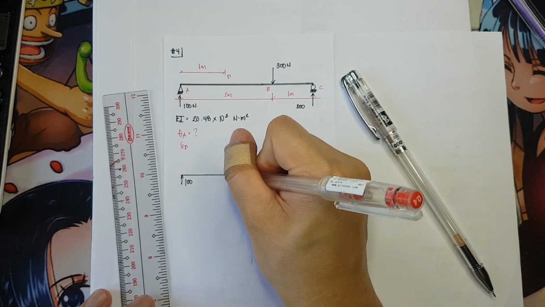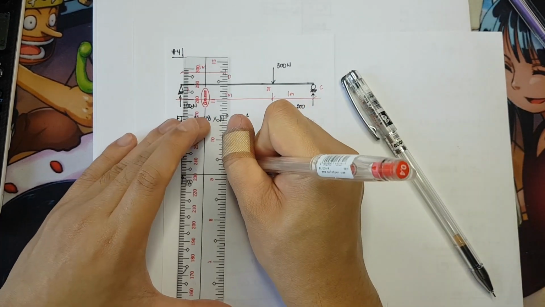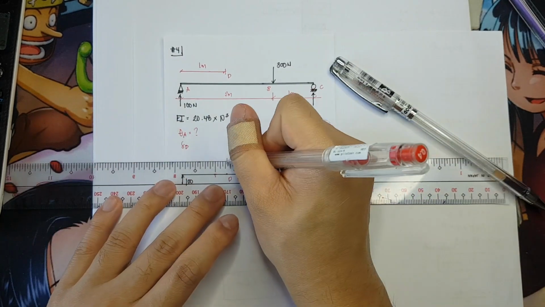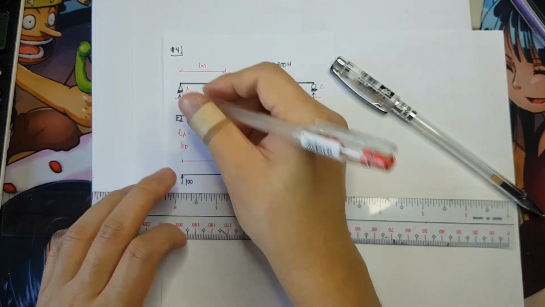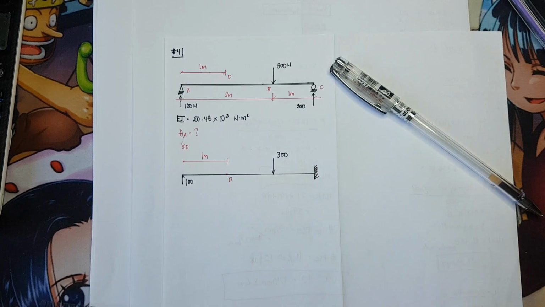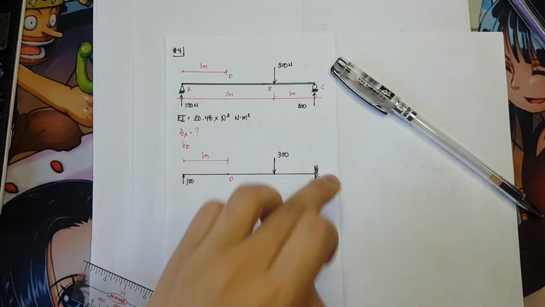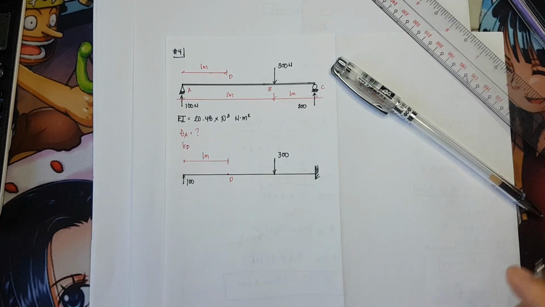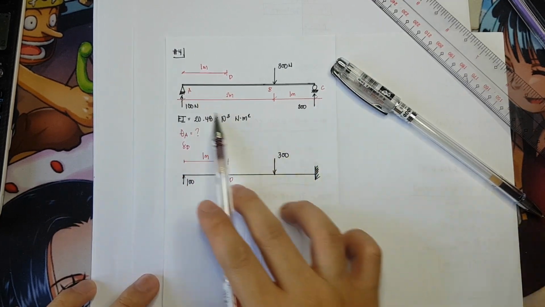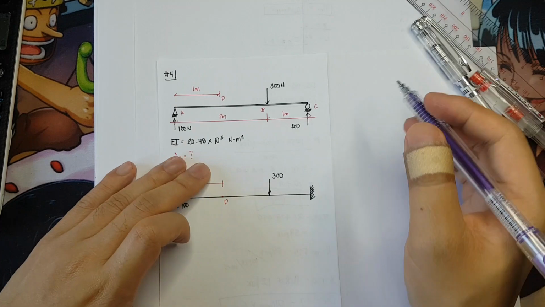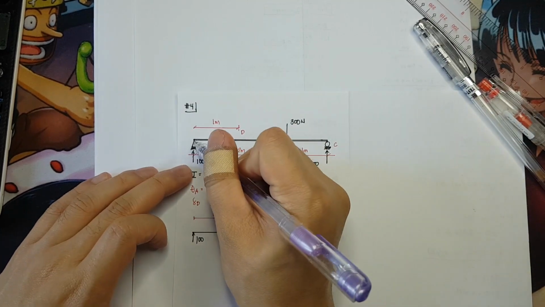This is point D here, and that is 1 meter from the left support. So the first thing to do is to determine the deflection at A. Take note that this is a simply supported beam. So the deflection of a simply supported beam would look like this.